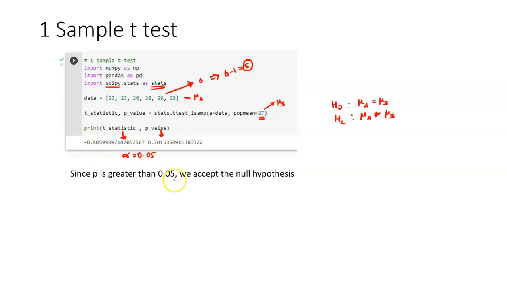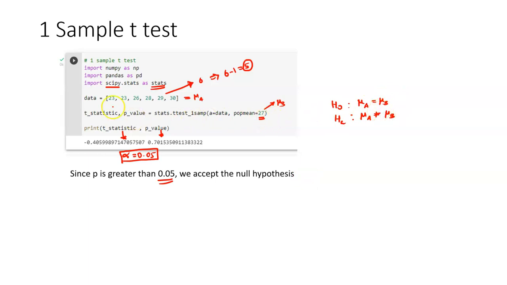That is one approach. The other approach is I can compute the p-value, which is what we have got here, and I compare against the 0.05, which corresponds to the confidence level that I have taken. So since p is greater than 0.05, we accept the null hypothesis, which means that the averages are the same or nearly the same.